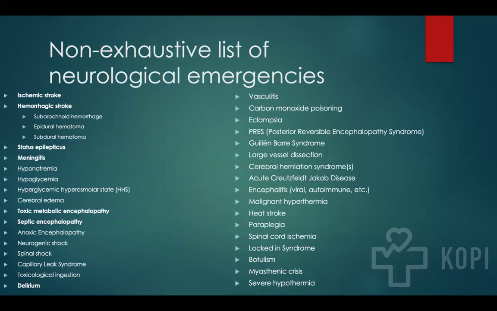This is a non-exhaustive list of neurological emergencies. It's kind of meant not to be daunting, but to give context that there are several etiologies that are, in fact, related to vital sign abnormalities. I would expect shock states to have vital sign abnormalities.